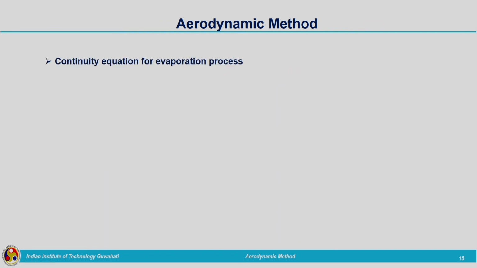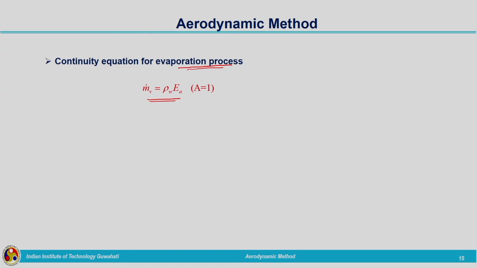Now, we know the continuity equation for the evaporation process. This mass balance equation we have seen in the previous class. It is given by mv dot is equal to rho w EA multiplied by area from which the evaporation is taking place. That area we are considering unity, A is equal to 1. So, mv dot is given by rho w EA.